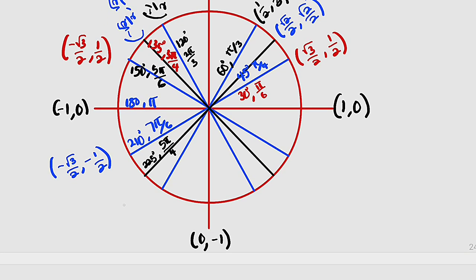I'm going to tell you something important. So this is negative root 2 over 2. If you observe, this is a reference of 45 degrees in the first quadrant. Negative root 2 over 2 as well. Then what about this one, which is 240? 240 degrees, in radians 4 pi over 3.